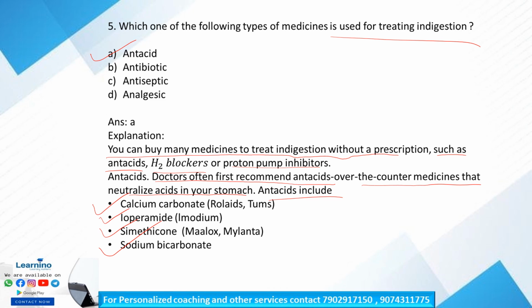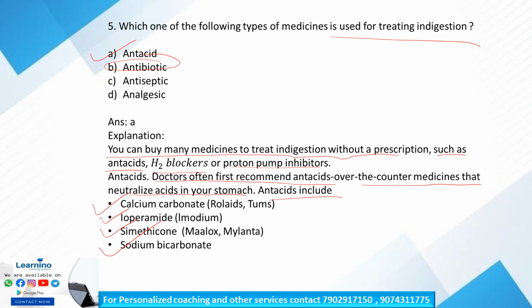What are antibiotics? Antibiotics are used to treat or prevent some types of bacterial infections. What does antiseptic do? It is to control infections, and kills microorganisms. Antiseptics and disinfectants are used to kill microorganisms and to control infections, right?